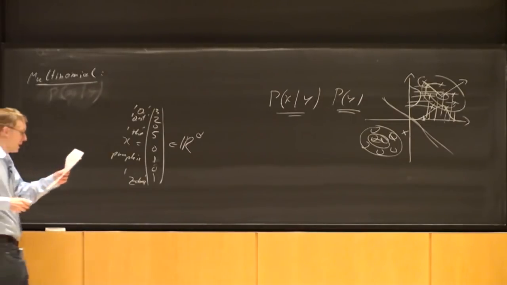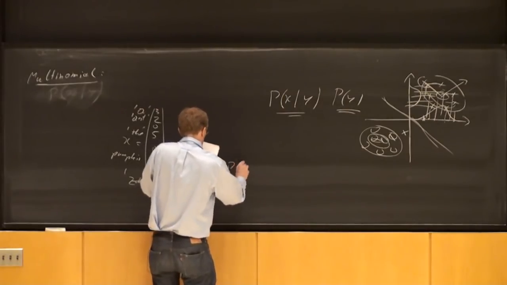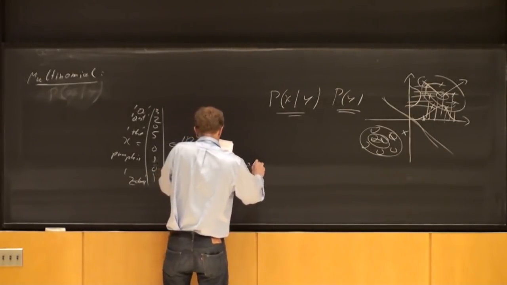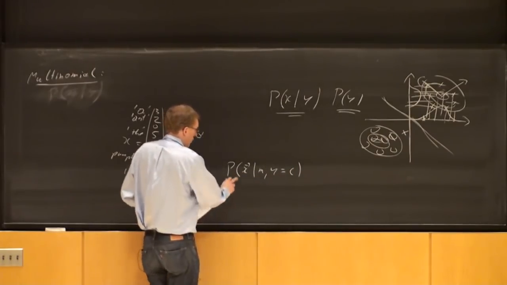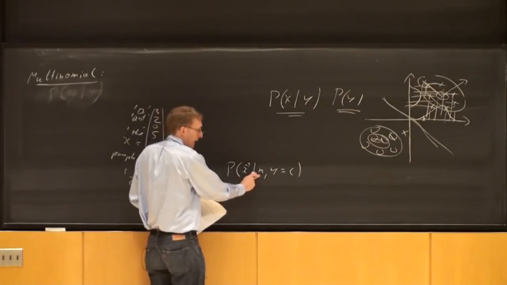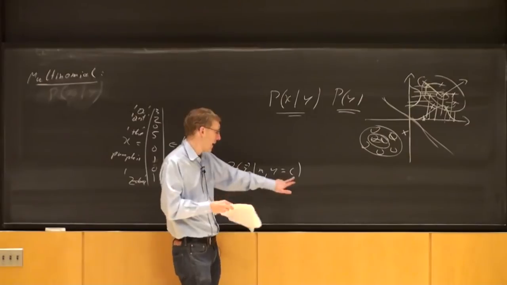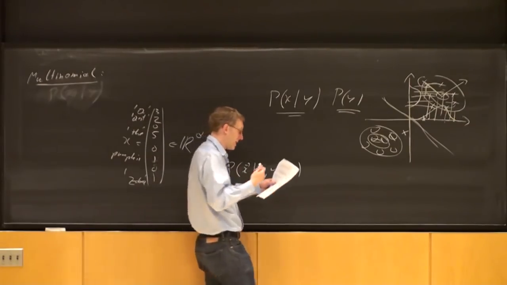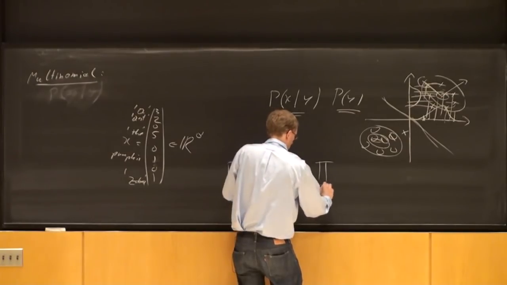I think I already talked about this last time, but let me just write this down one more time. The probability of a particular email x, given that I have m words and I'm from the class C, so that's either spam or not spam, is the following. It's just the product over alpha from 1 to m.